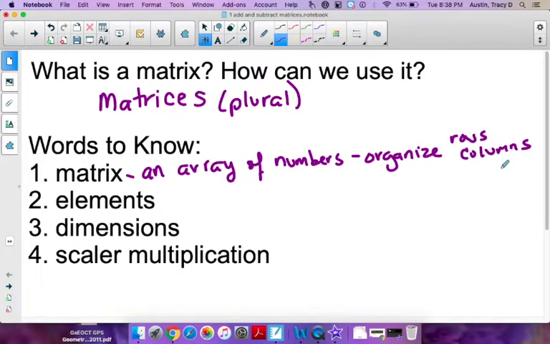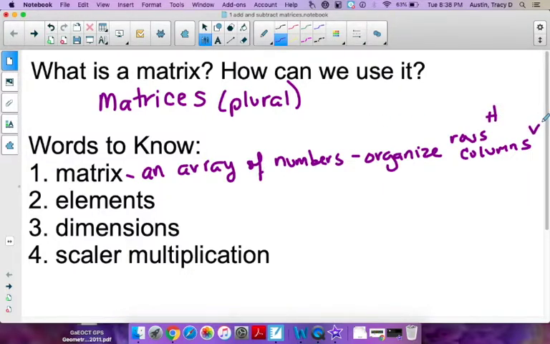And something you need to remember is that columns for a matrix are vertical, just like columns on a house. Okay? You know, if you have a column on your front porch. And rows are horizontal. So rows are horizontal, columns are vertical.